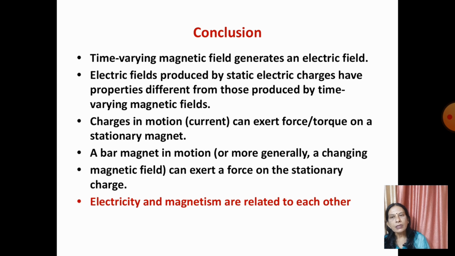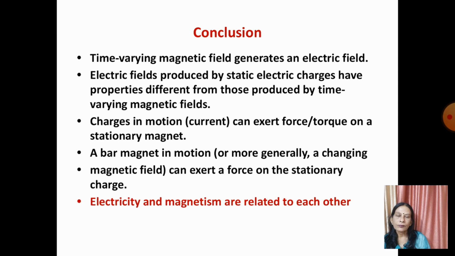A bar magnet in motion, or generally a changing magnetic field, can exert a force on a stationary charge. So if there is a bar magnet in motion, then it can exert a force on a stationary charge.